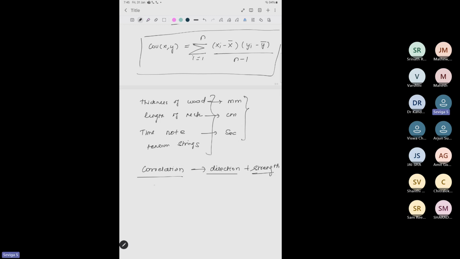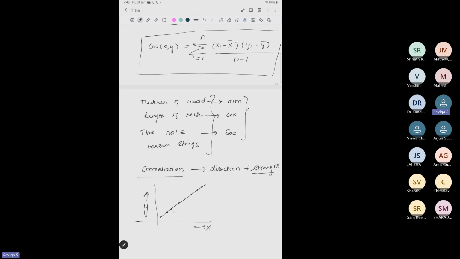For example, if I draw this line, let it be X and Y. This line will represent the direction, and the dotted points will represent the magnitude of the relationship between these two variables. If the dotted points are on the straight line, it means that there is a perfect correlation.